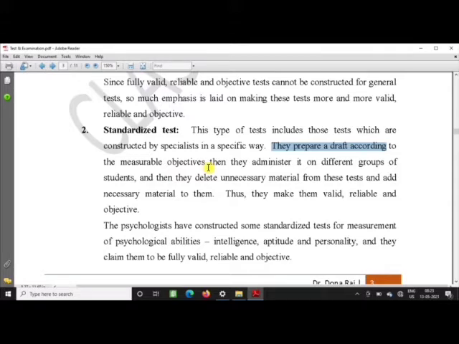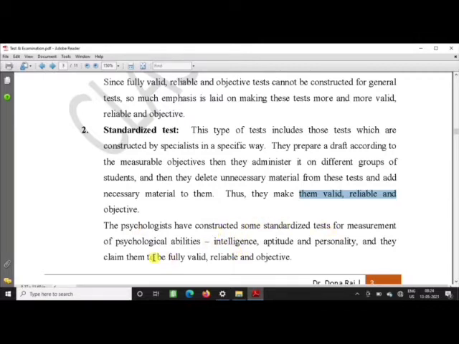And when the draft is constructed, there will be a pilot testing, and in the pilot test, they will check out the statements or questions in the test, and they will check its validity, reliability, and objectivity. And if they find some error, they will modify, or they will delete some of the statements, and they will input some new statements. So these professionals really work hard to validate the test and make it reliable and objective.